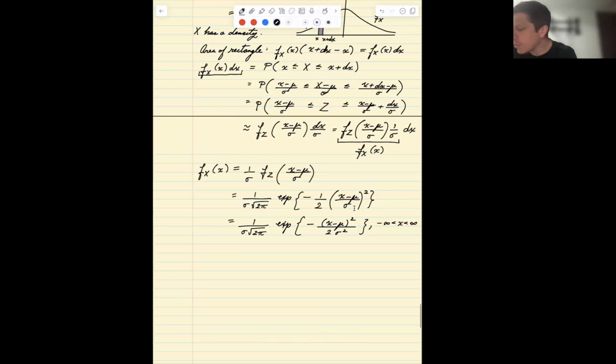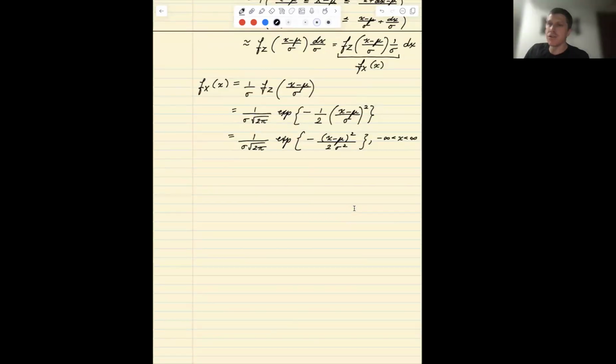First one, and one of the most direct uses of the Gaussian distribution, is for estimating the binomial. So the normal approximation to the binomial distribution.